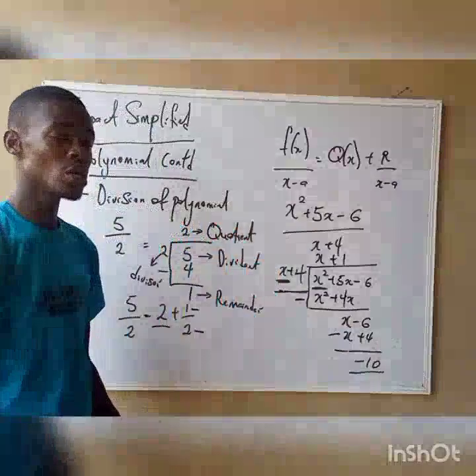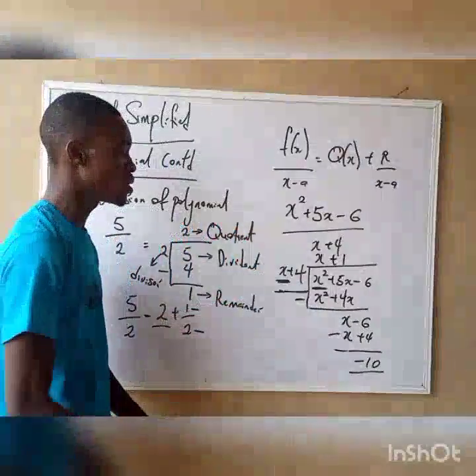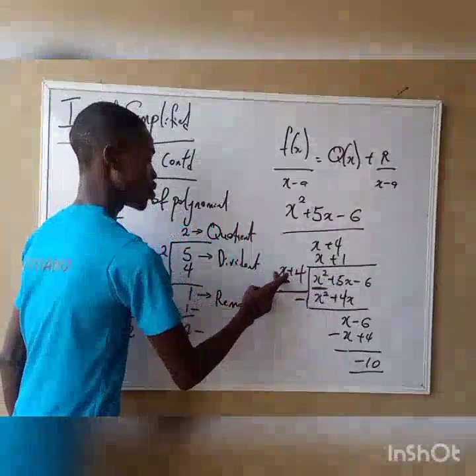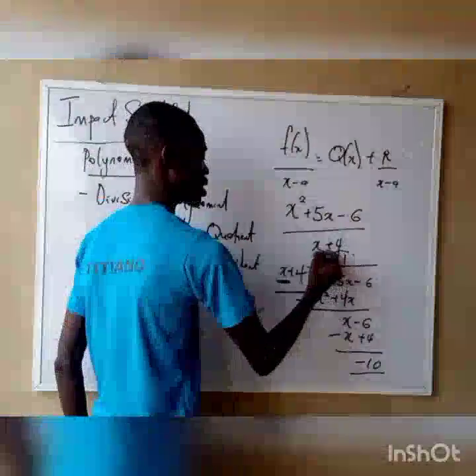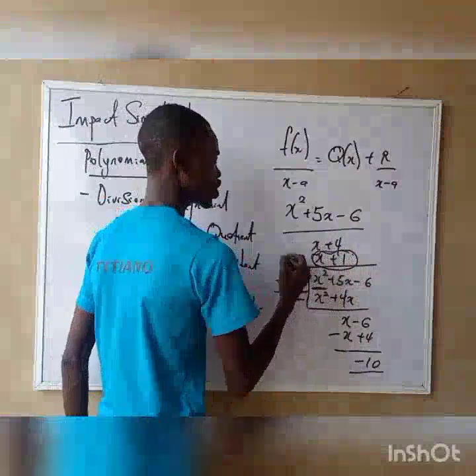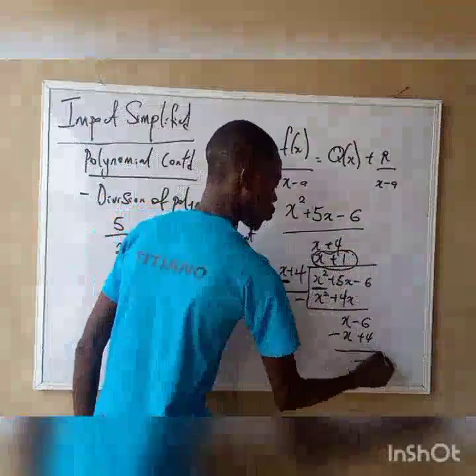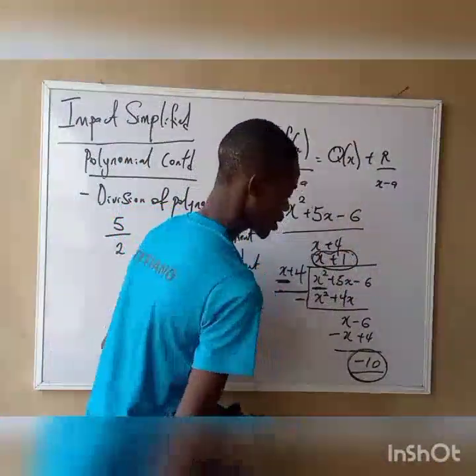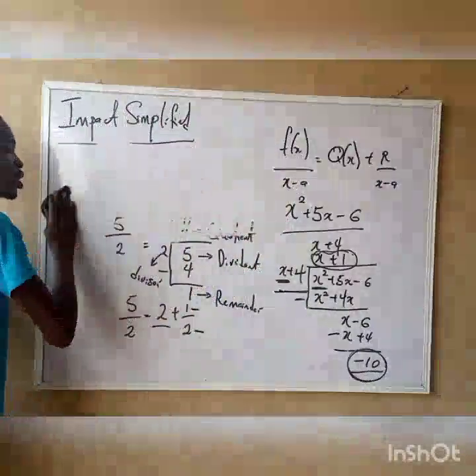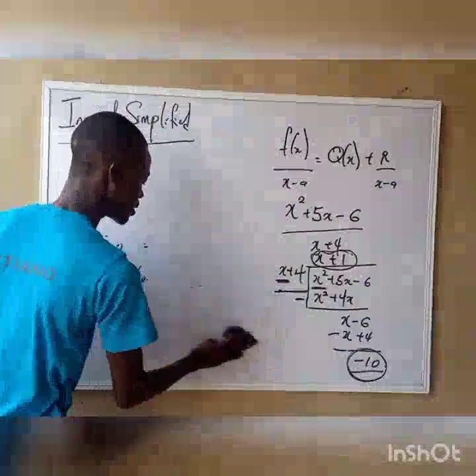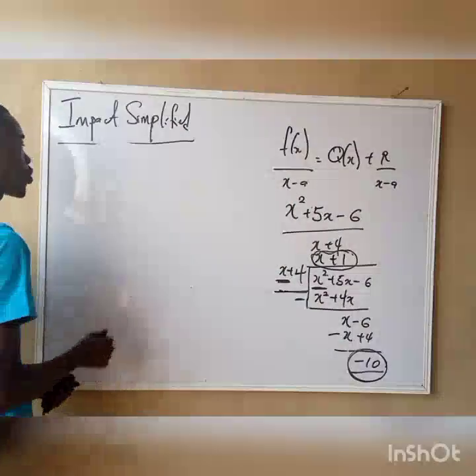So all we are doing under the division of polynomial is to divide, to multiply, and to subtract. From this, we can quickly conclude that your quotient is x plus 1, while your remainder is minus 10.